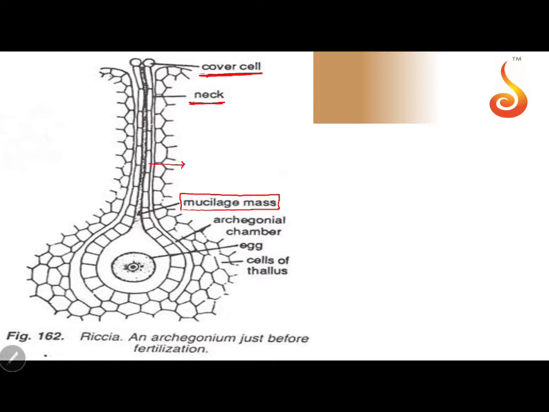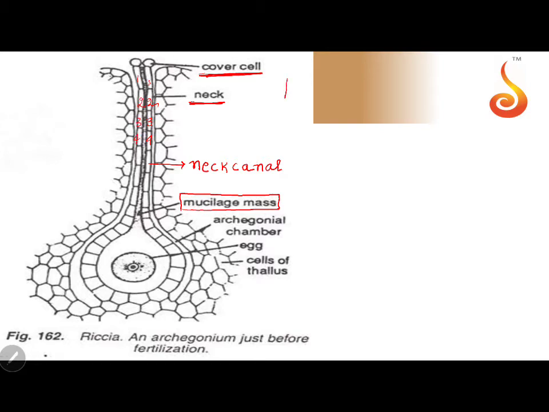These are called as neck canal cells, because as you can see these cells on either side, so this is one cell, this is second cell, this is third cell, this is fourth cell. Here also this is first cell, second cell, third cell, fourth cell.